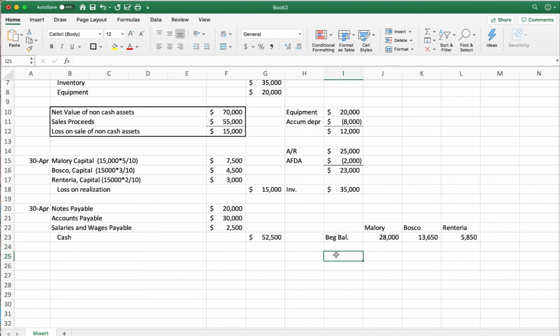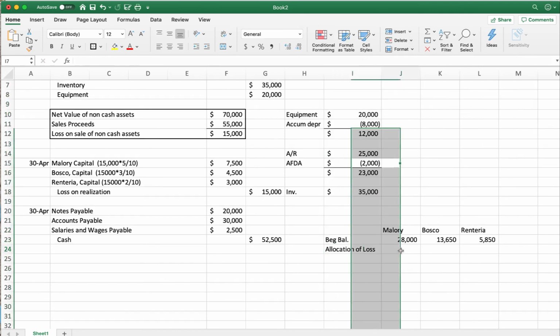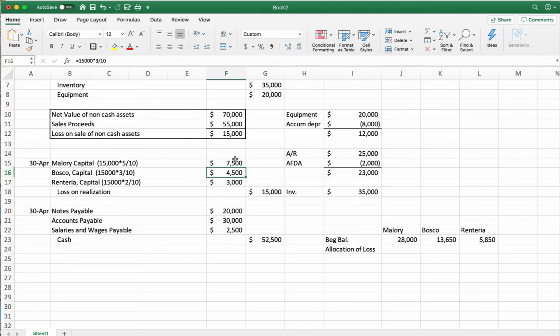Next, we need to figure out what is their allocation of loss. Okay. So Mallory, right here, we gave her $7,500.